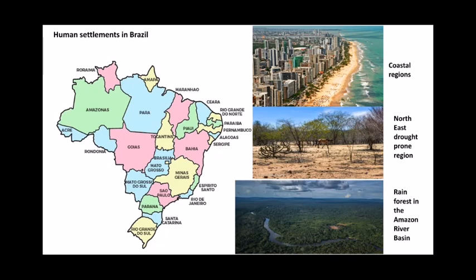It does not receive any rain here. Because of which it suffers from extreme droughts, and it makes it very difficult to practice any kind of agriculture or cultivation in this region. That is the northeast region. That is why in this place we find very few settlements, very sparse settlements.